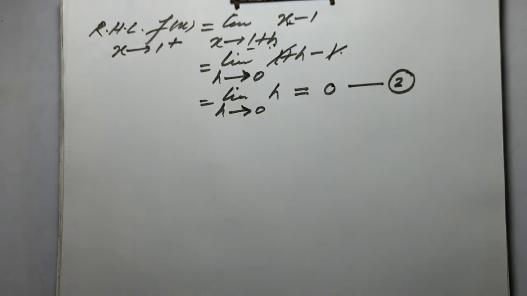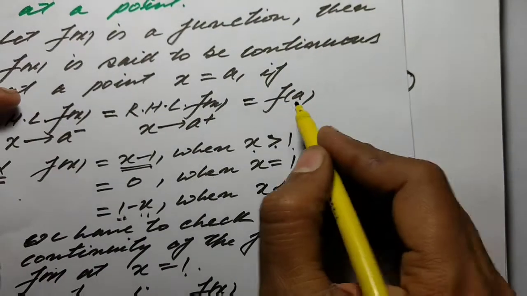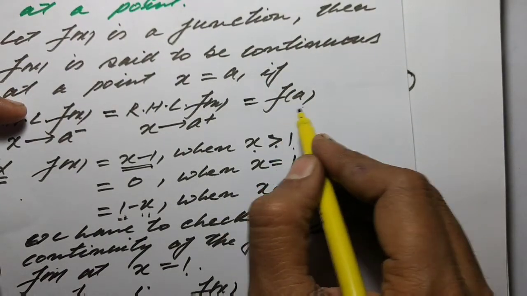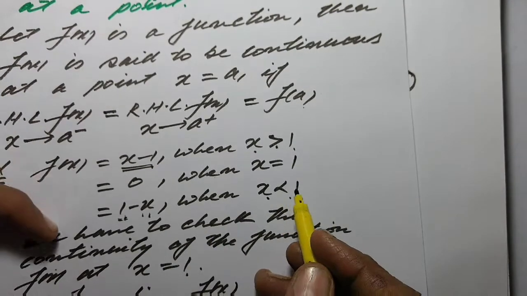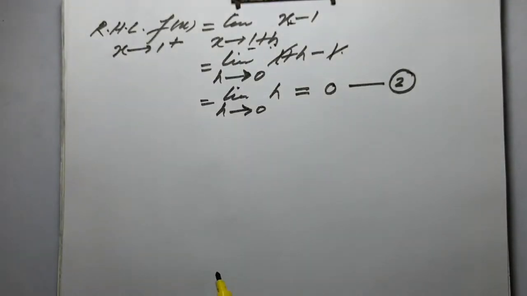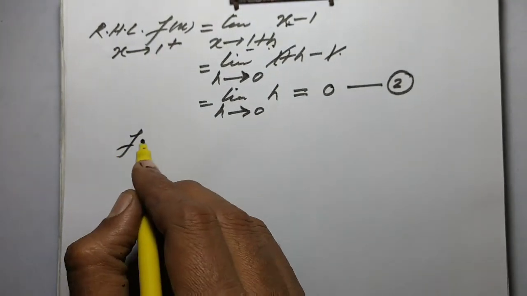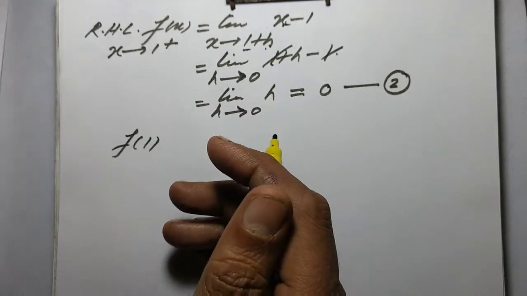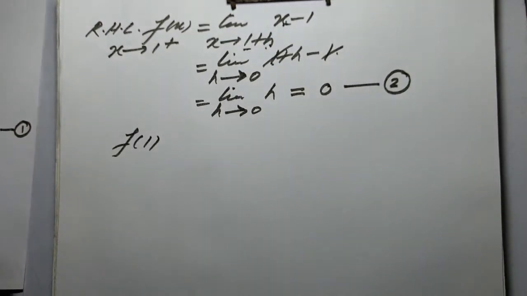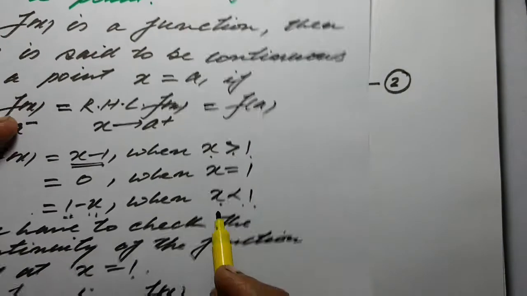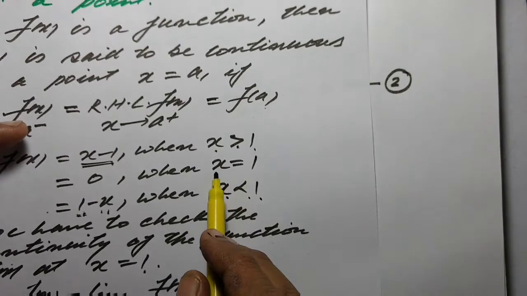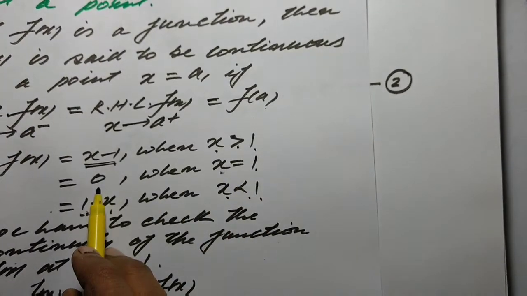Now third, the functional value, that is f(a). Here a is 1 as we have discussed, so we have to find f(1), the value of the function when x is exactly equal to 1, which is given already in the sum itself. When x is equal to 1, f(x) is equal to 0.